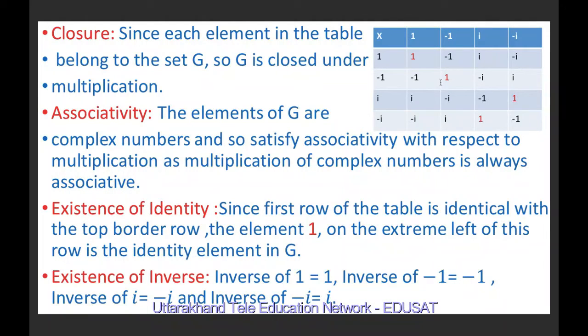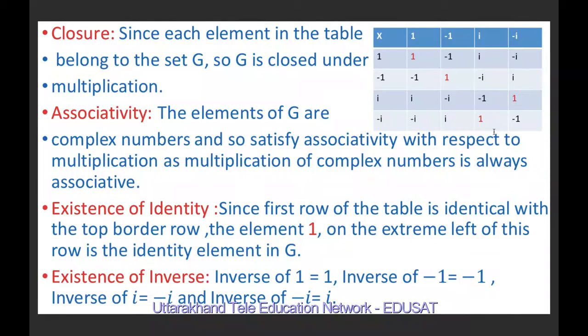In second row, the identity element is in the second column and the element above 1 in the top border row is minus 1 and the element in the left border row is minus 1. So inverse of minus 1 is minus 1. In the third row, the identity element is in the fourth column. Element above 1 in the top border row is minus iota and in the left border row is iota. So inverse of iota is minus iota.